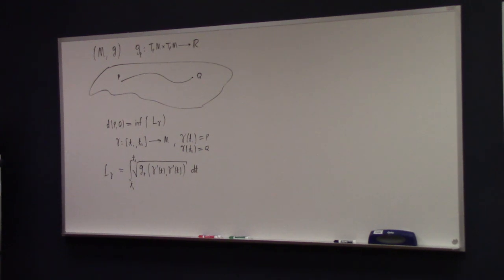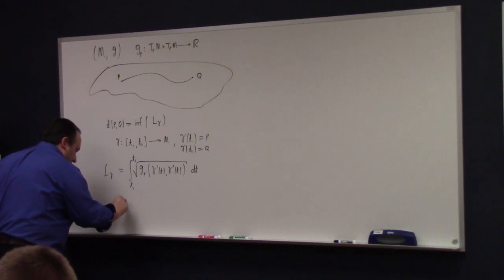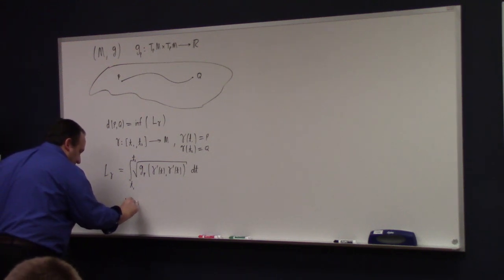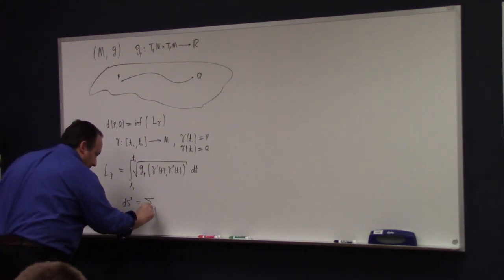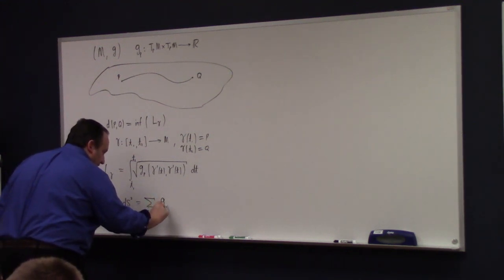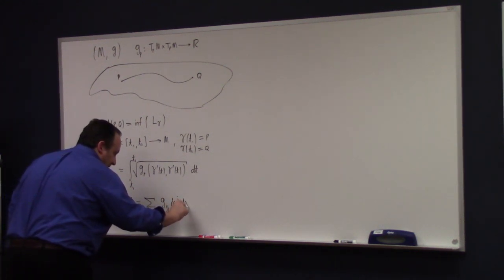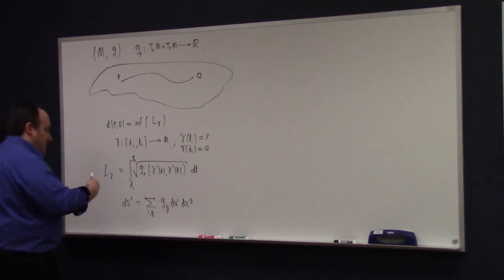The classical formula for all this is something like ds squared equals the sum over i and j of g_ij dx_i dx_j. Remember, the metric has to be a symmetric tensor.